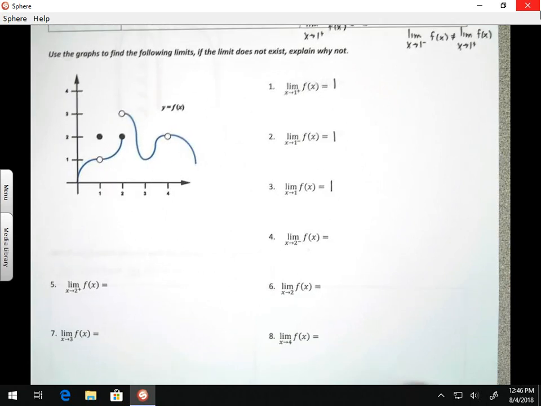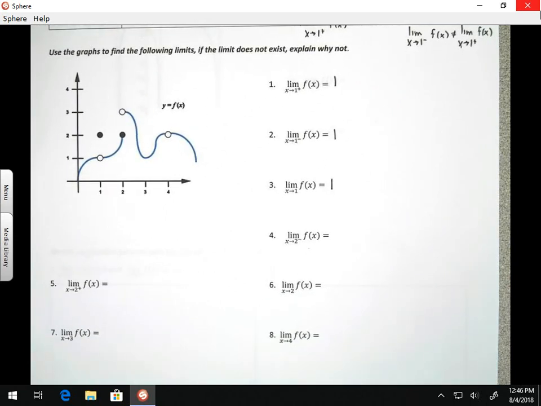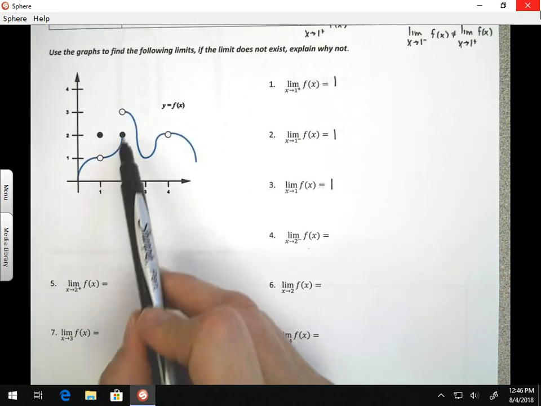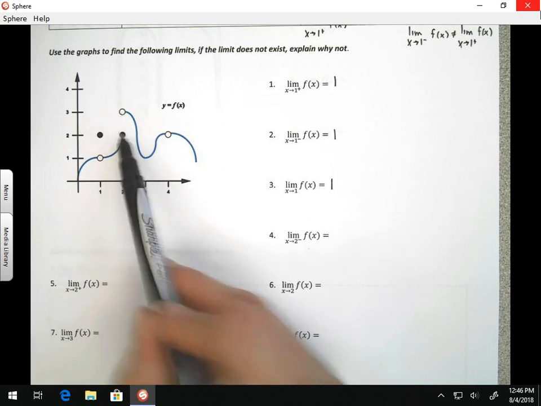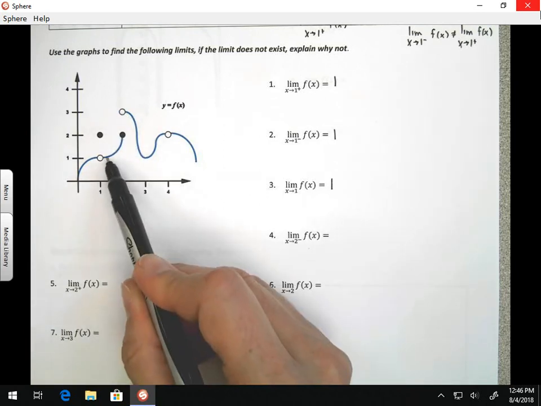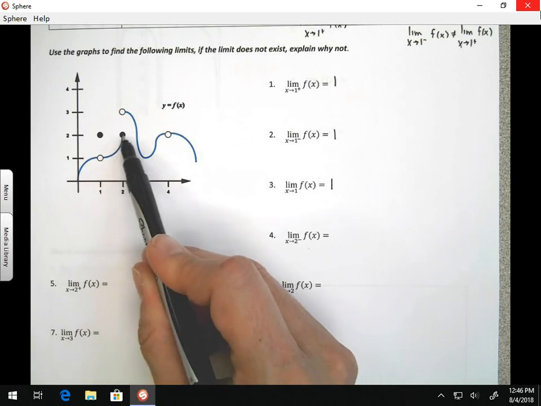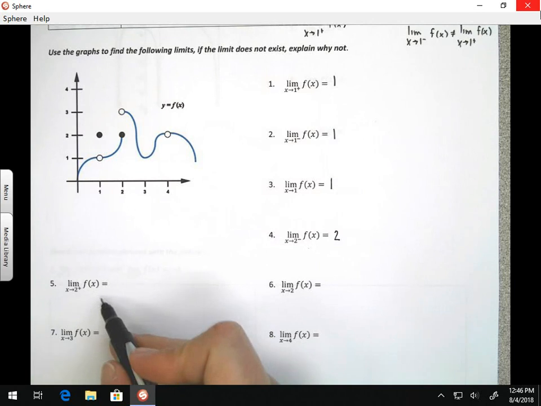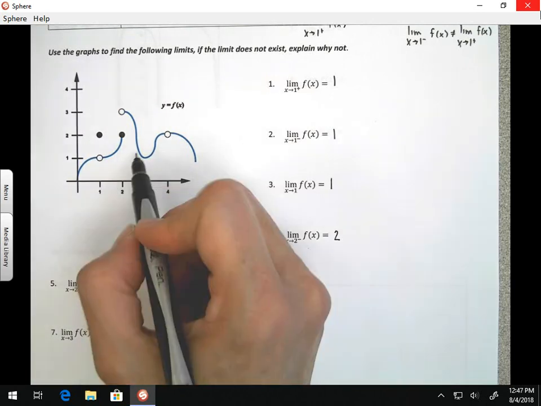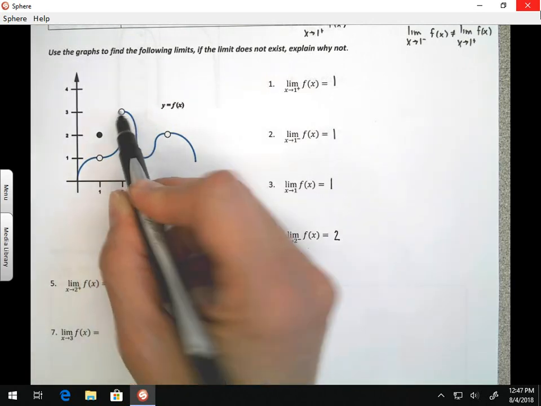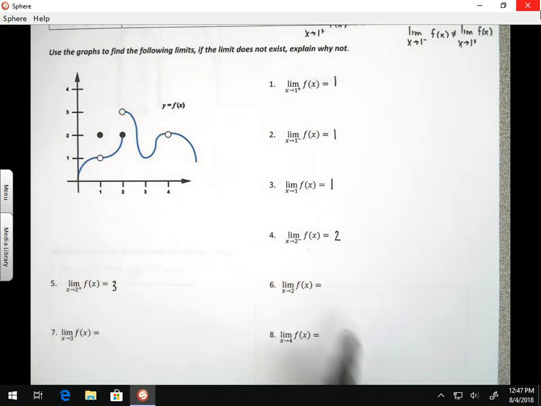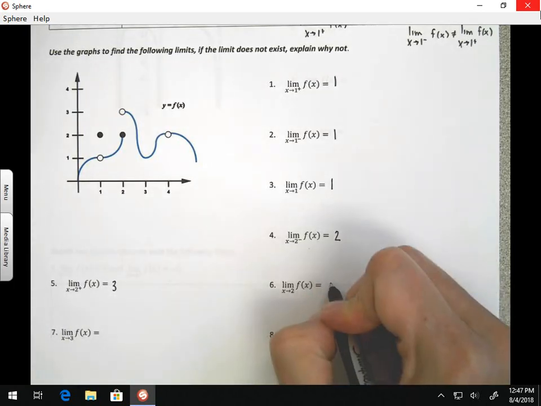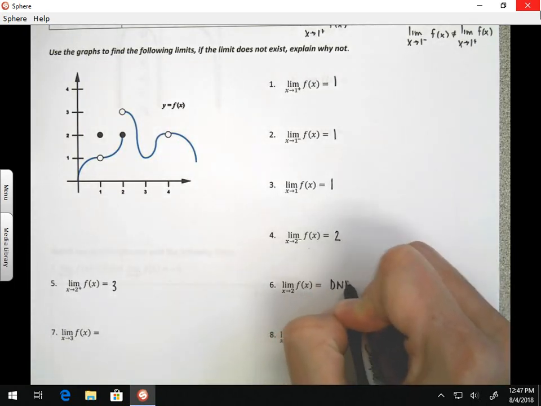Let's look at the limit as x approaches 2 from the left. Already I can see that something funny is happening here. From the left side, my y value is 2. Now from the right side, I'm approaching 3. So here we have a case where our left-sided and right-sided limits are not the same. So we know our two-sided limit does not exist.